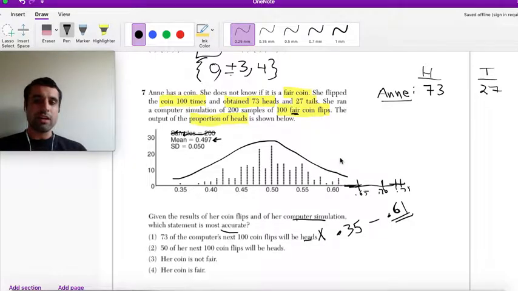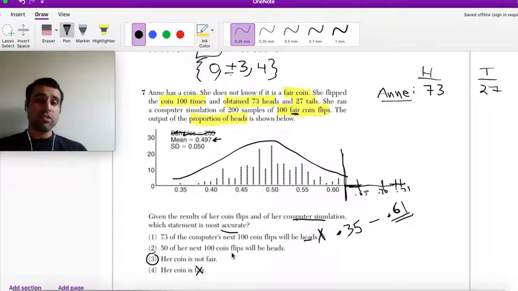We never got above 0.61 in the fair coin flip simulation. So we do not at all expect choice 1 to happen for a fair coin, and that means her coin is not fair, because she got something that we really don't expect from a fair coin based on the simulation. Because remember, it's based on the simulation. So that eliminates choice 4.